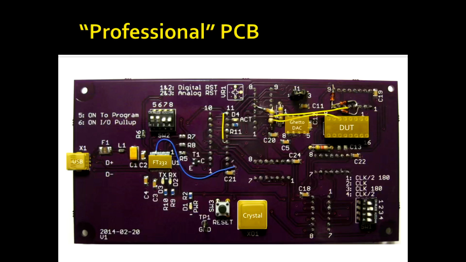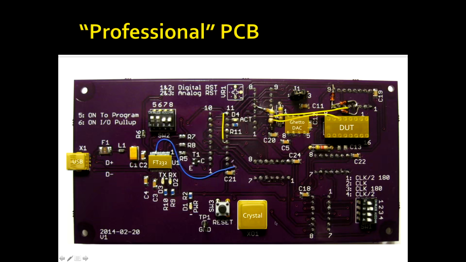More failure. So then I decided to break down and go to OSH Park and make a professional PCB, because as you can see, it required a few edits after the fact already. This board was primarily designed for voltage glitching. It has an ATtiny2313 CPU that I just had lying around.